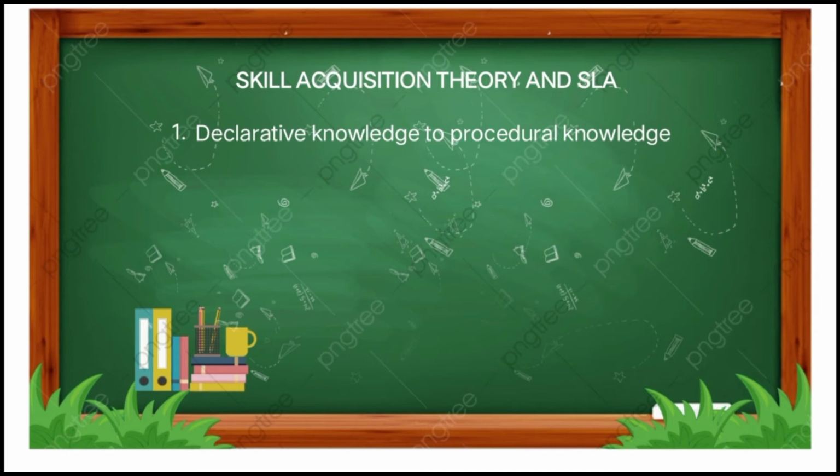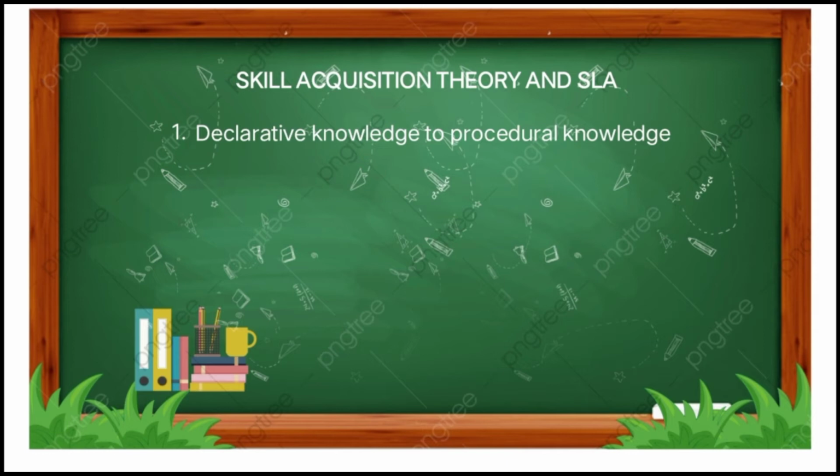While other theories put greater emphasis on procedural knowledge, skill acquisition theory, on the other hand, puts importance on both declarative knowledge and procedural knowledge. Skill acquisition theory, as the name would suggest, should be based on skills. But this theory puts emphasis on the importance of explicit declarative knowledge during the initial stages of learning.